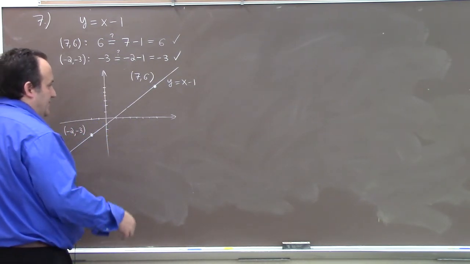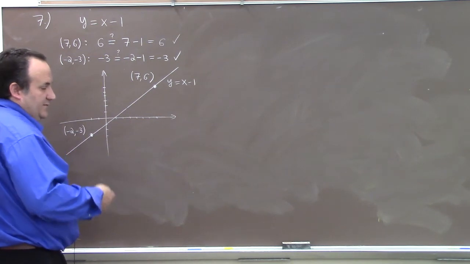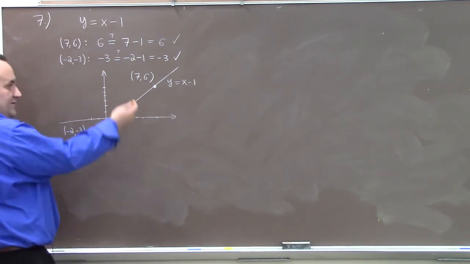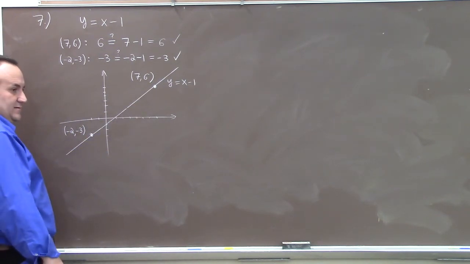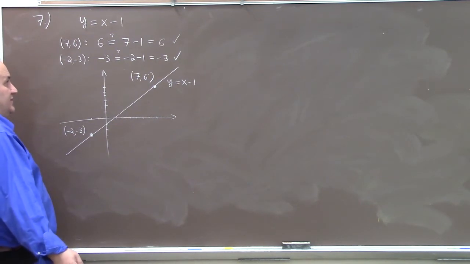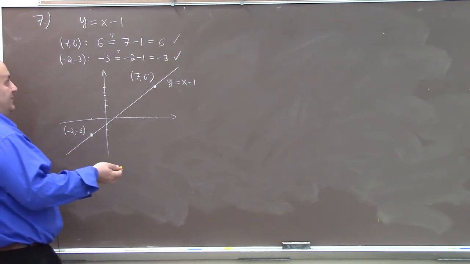So if we made this line carefully, then any point on this line corresponds to a solution to the equation. But there's literally an infinite number of answers to this question.